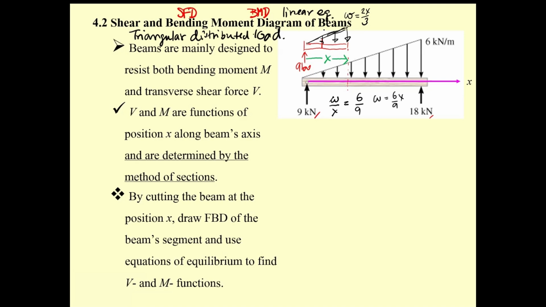But for a uniformly distributed load, such as w equal to 10 kilonewtons per meter, we call this load constant.